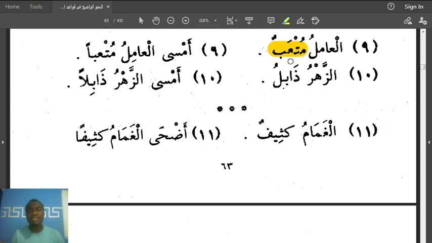But when you say something is mut'abun, that is the thing that causes the stress. So al-amalu, the work, mut'abun, is stressful. Al-amilu mut'abun, the worker is tired. I hope that is clear.